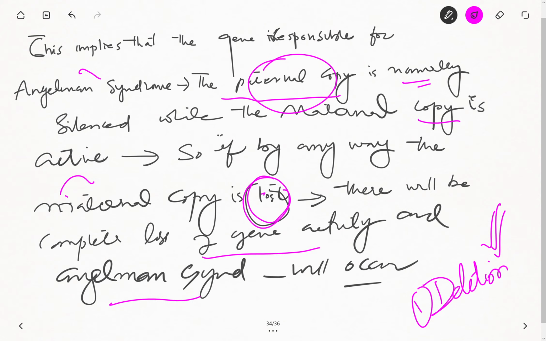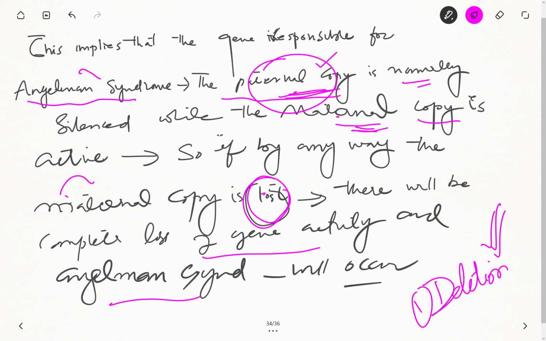I want to repeat it for you. When we consider the example of Angelman syndrome, we have a gene present on both the paternal and maternal chromosomes. But as this is an imprinted gene, the paternal copy is always silenced. So if a deletion of the maternal copy occurs, we will have no active gene.